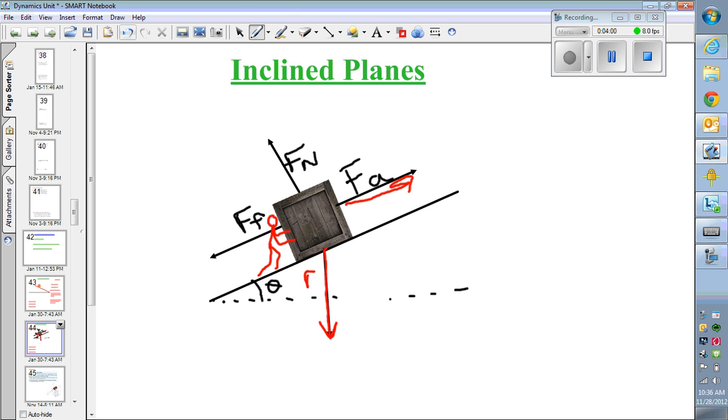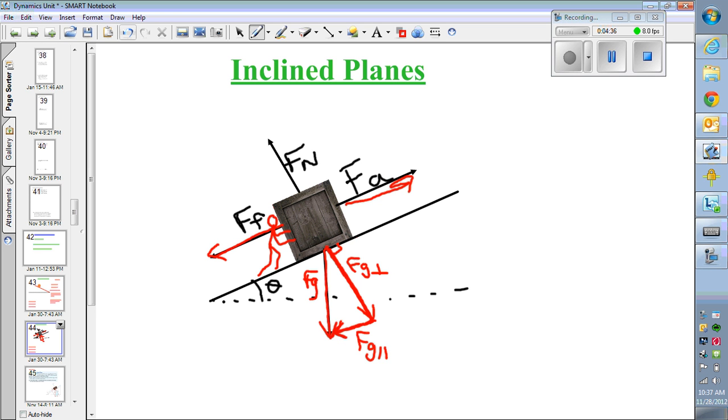I'm going to move the FG to here. We break gravity up into a part that's perpendicular, 90 degrees to the surface, and a part that's parallel to the plane. This arrow should be parallel to FF and parallel to FA. Since it's the parallel force, we'll call this one FG parallel, and the arrow that comes down is FG perpendicular.